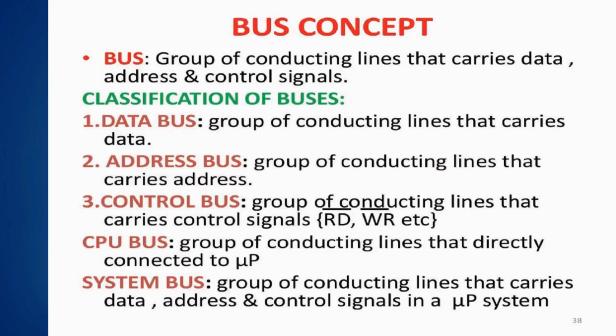Suppose the data is being transferred, you may be able to read, transmit or receive. Sometimes you read and sometimes you write. Both of these are controlled by the control bus. Apart from this, we have two more buses. One is the CPU bus, a group of conducting lines that directly connect to the CPU.